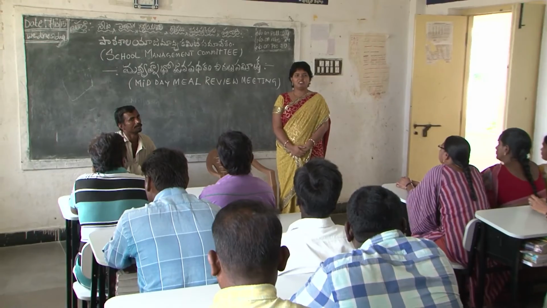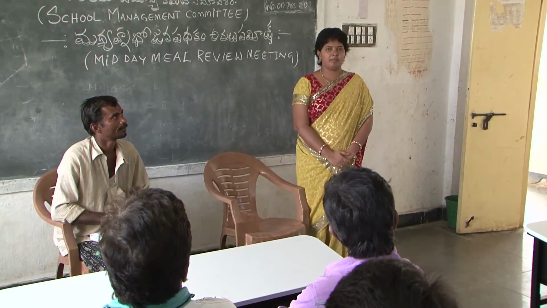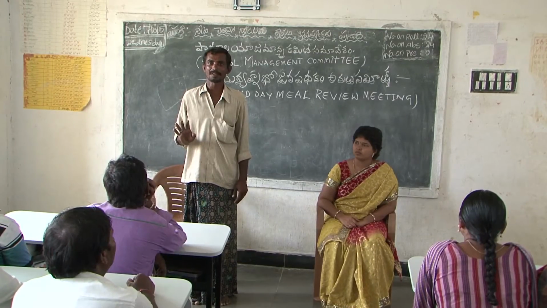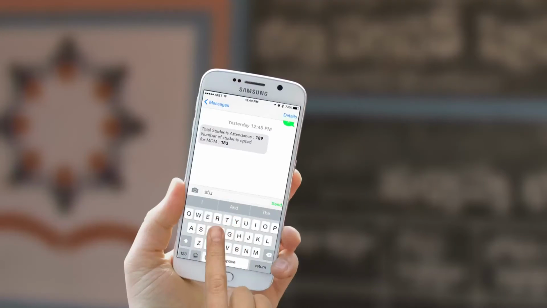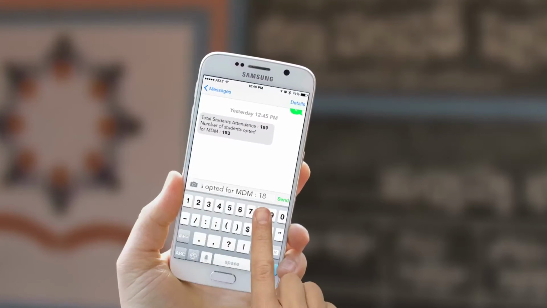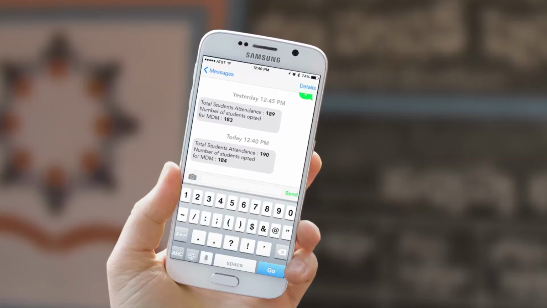The school level committee should hold review meetings at least twice a month, covering all aspects pertaining to preparation and serving of MDM at the school. The headmaster should send through SMS the total students' attendance and the number of students who opted for MDM.